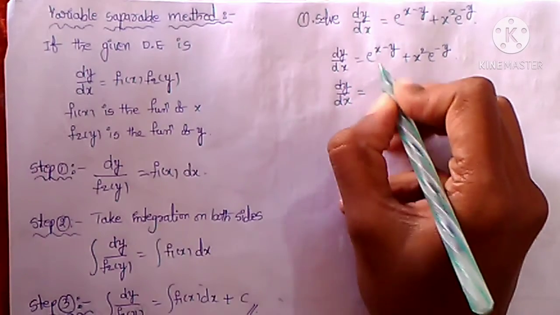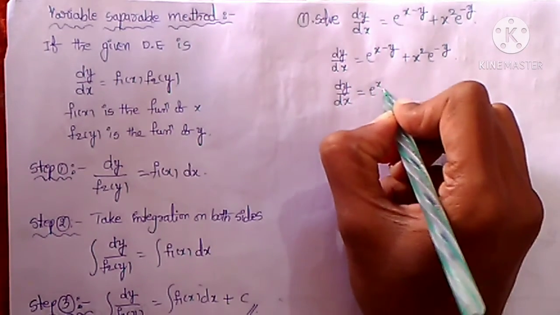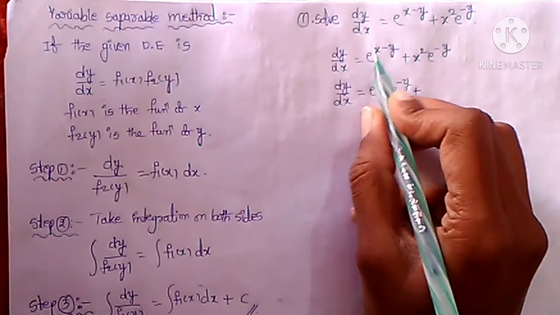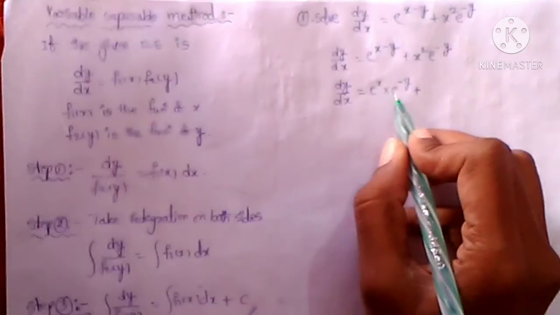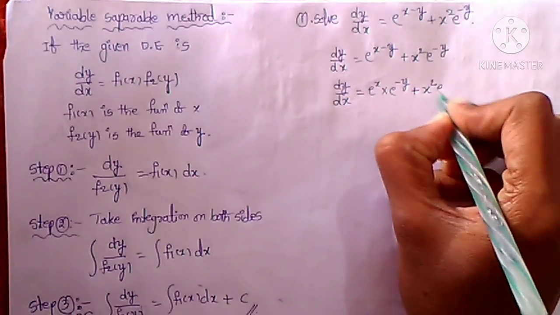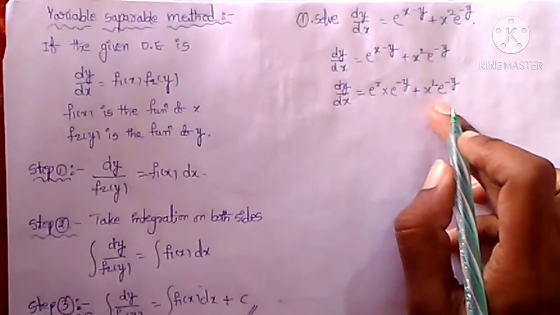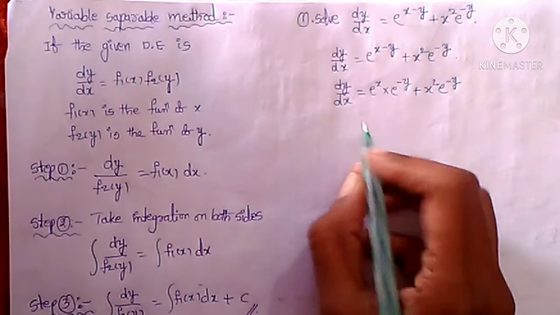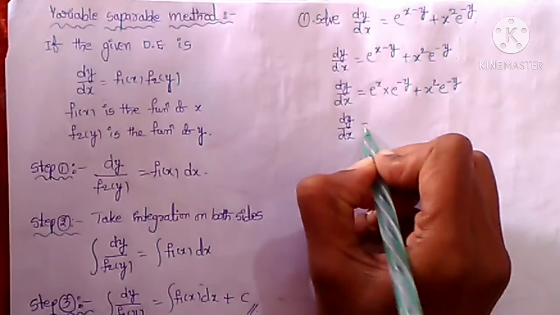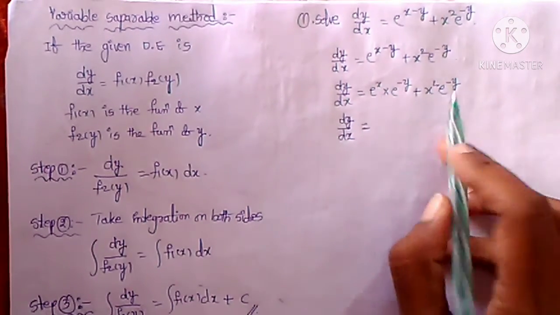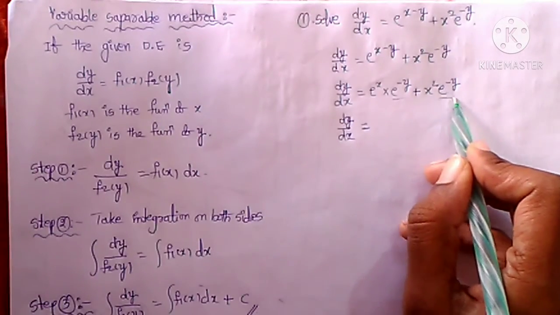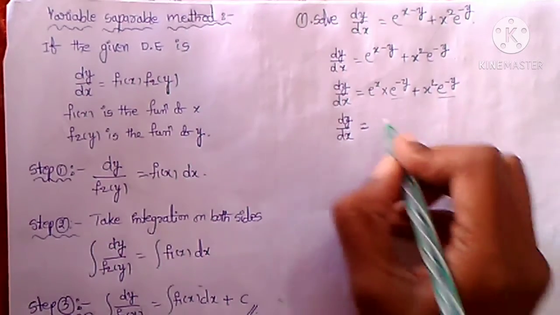dy by dx is equals to e power x minus y means e power x into e power minus y. If you simplify these two terms, again you get e power x minus y. The bases are equal, then you have to add the powers. X square into e power minus y, the second term is as it is. dy by dx is as it is equals to, in these two terms, you have e power minus y.